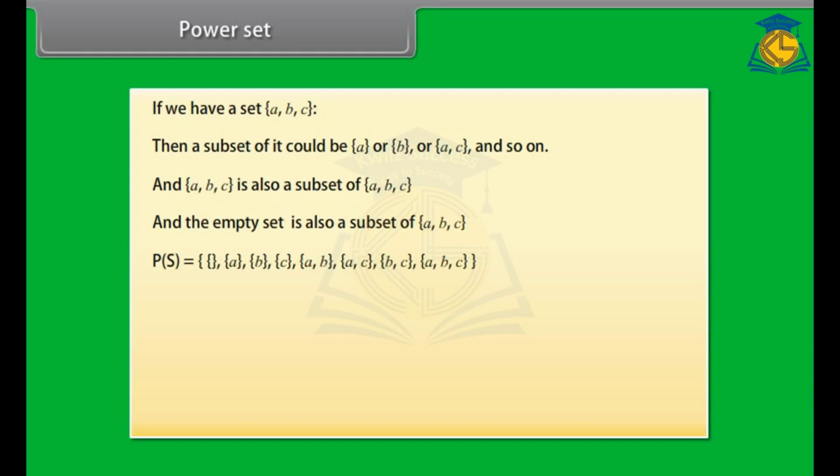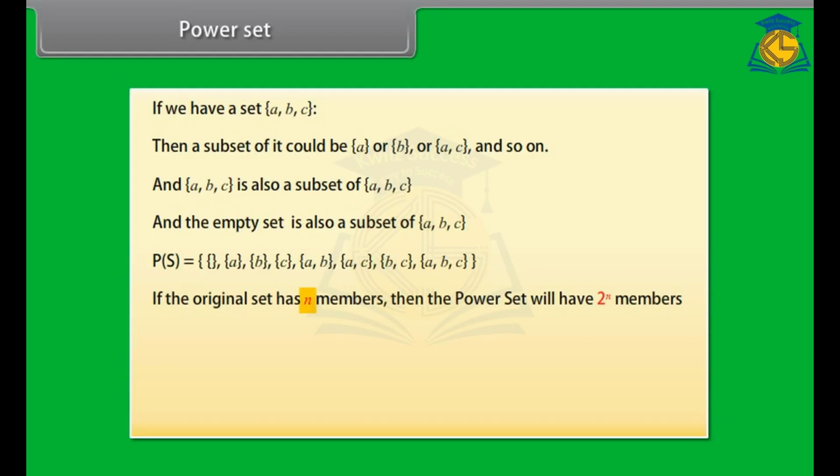PS is equal to {{}, {A}, {B}, {C}, {A, B}, {A, C}, {B, C}, {A, B, C}}. If the original set has n members, then the power set will have 2 raised to power n members.